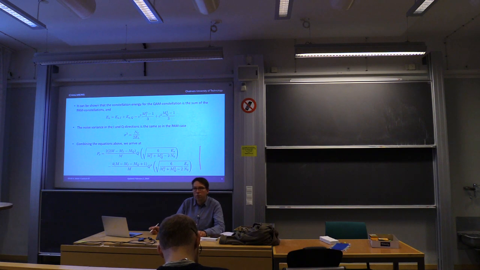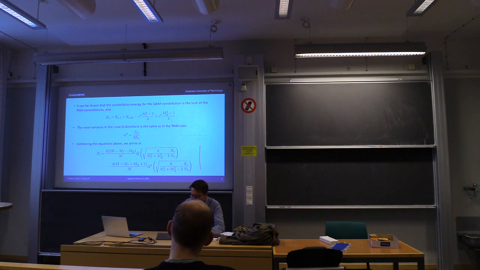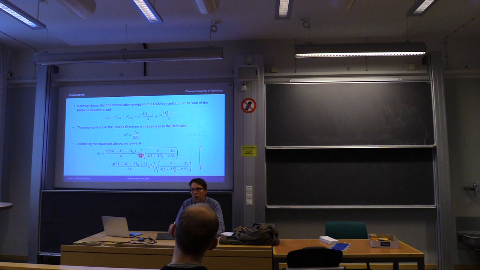Now, this expression looks more complicated than the PAM one, but we can make a few simplifications. And that is, as the signal to noise ratio, Es over N0, becomes large, what happens with the Q function then? Does it become smaller or higher? Smaller, exactly. It's the tail of the Q function, right? So the larger the argument of it, the smaller the tail will be.